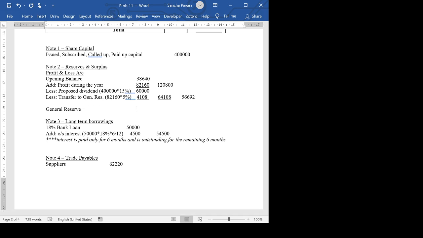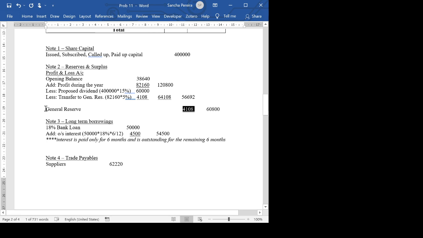So the general reserve that we have created is 4,108, and this total comes to 56,692 plus 4,108 comes to 60,800.